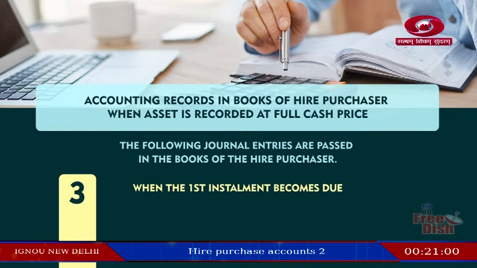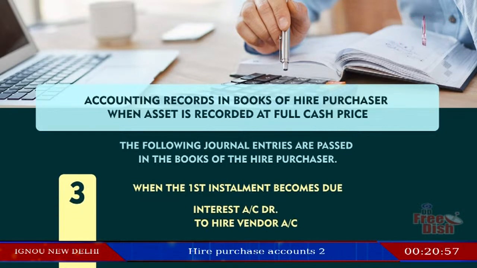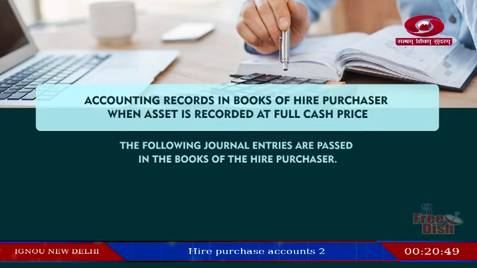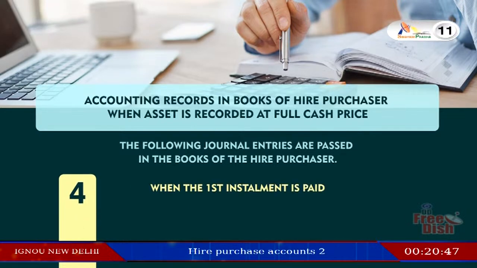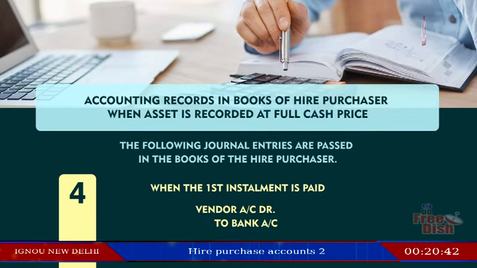The third one is when the first installment becomes due. Interest account debit to hire vendor when the amount of interest is due, and when the installment is paid, vendor account debit to bank, because as per the personal account, the vendor is the person who is receiving the payment. So any person receiving the payment must be debited and the cash is going out.